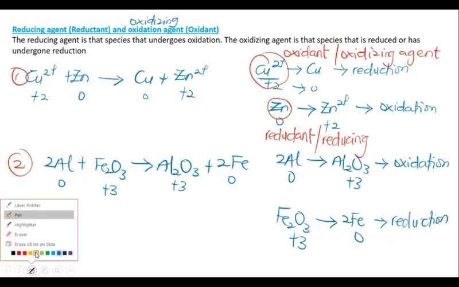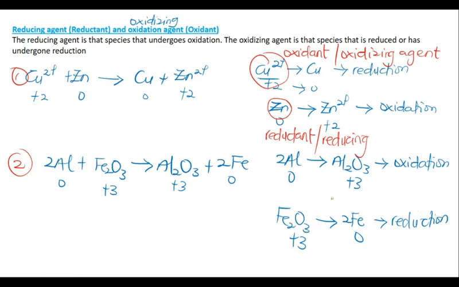All right, now like I said, because aluminum over here has undergone oxidation to give us this, it means aluminum is our reductant or our reducing agent. Let me use another color for that.